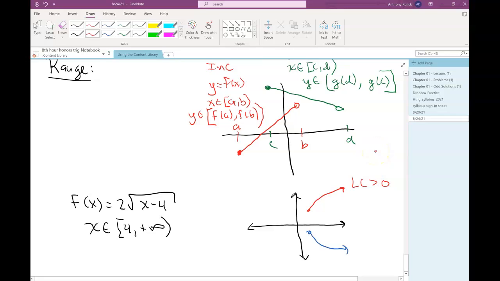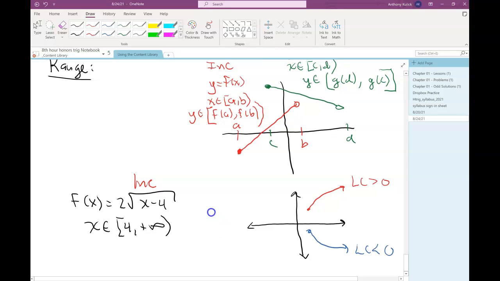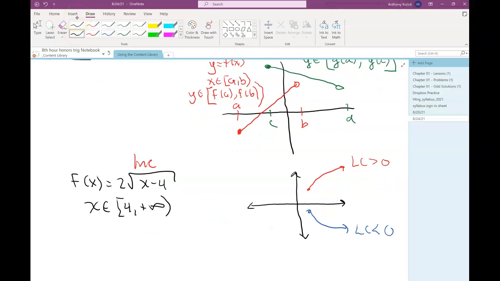We just need the leading coefficient to be positive. In this case, the leading coefficient is the 2. So this is increasing. And the blue graph would be when the leading coefficient is negative. If you didn't remember what the shape of a square root graph looked like, what could you do? Graph it on your calculator to take a peek and go, oh, okay, increasing. Cool. Everybody cool? Okay, let's continue.